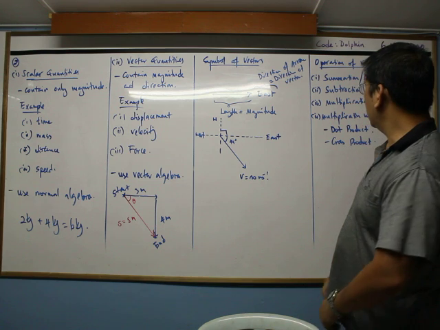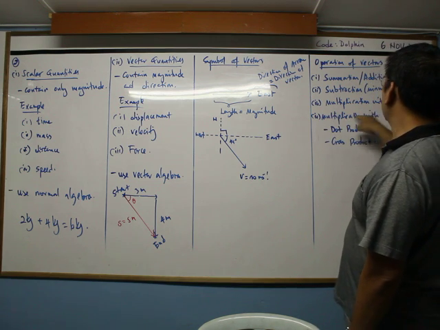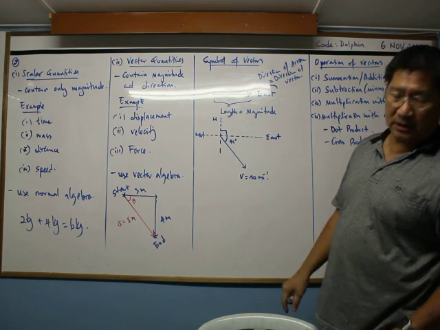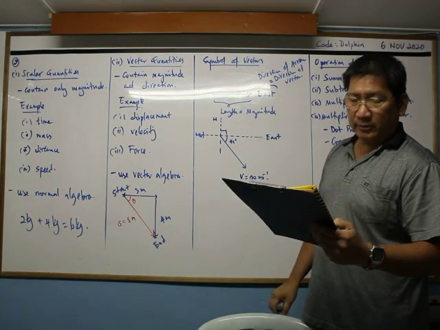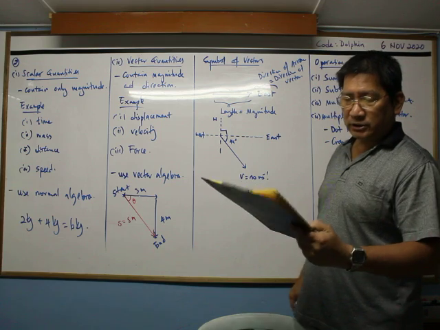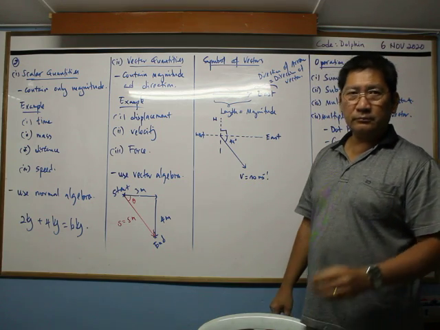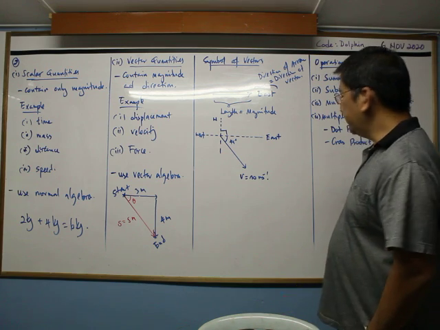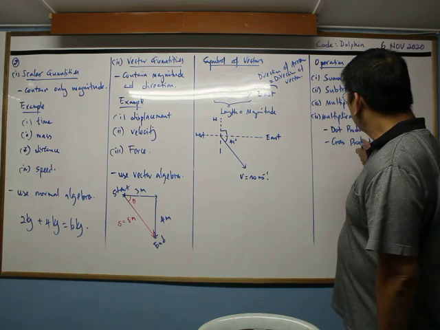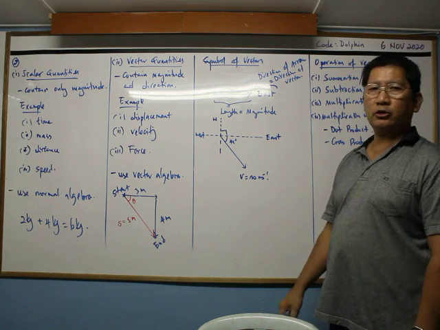Well, anyway, this one is not in your syllabus. I can't find it in your syllabus, but I'm going to teach you this because you're going to become future engineers. Future engineers, don't tell me that you don't know the process called dot product and cross product.